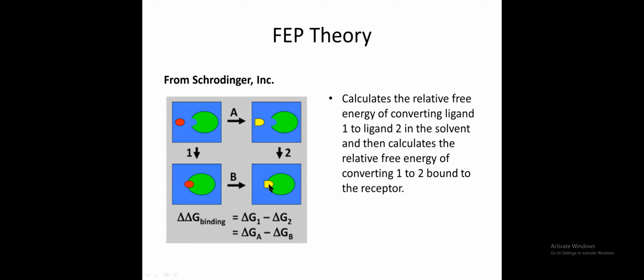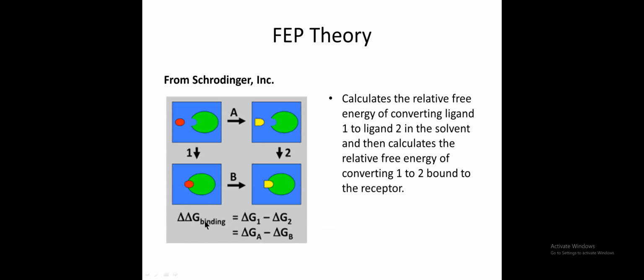Sometimes this is just referred to as alchemy. The general idea of doing that means that there's much less of a change in going from here to here, where in both cases the ligand and the receptor are solvated, and here to here, where the bound ligand and receptor are both solvated, than going the other way. And that tends to reduce the error within the calculation.